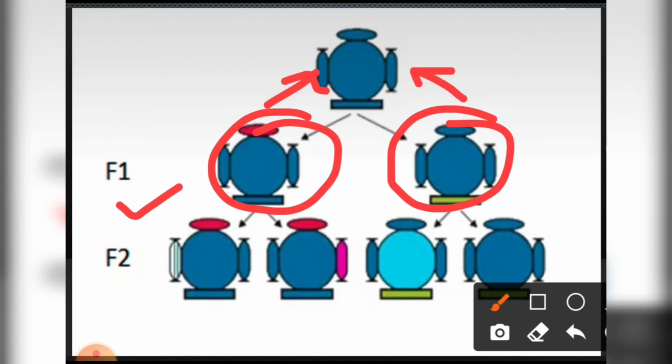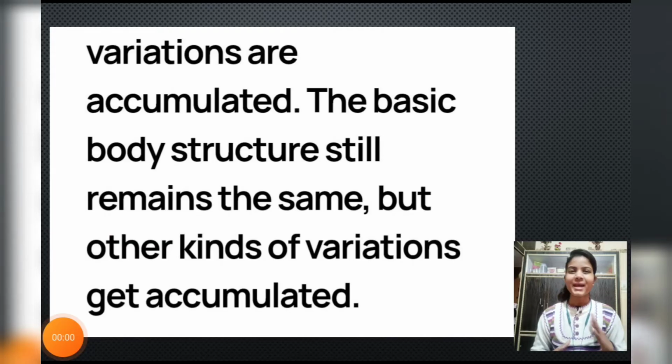In the next generation, that is the F2 generation, more variation could be generated in the young individuals. As time goes on, the variations are accumulated. The basic body structure is still the same, but other kinds of variations get accumulated.